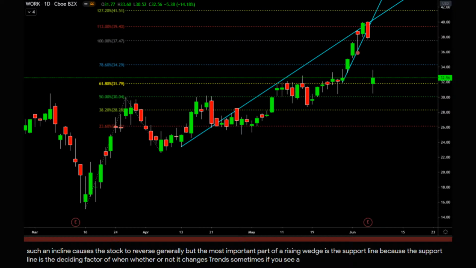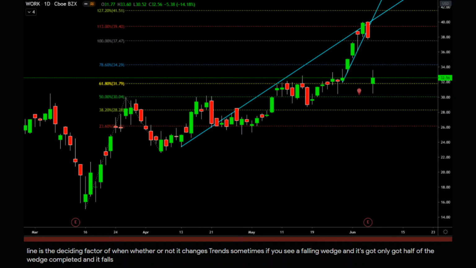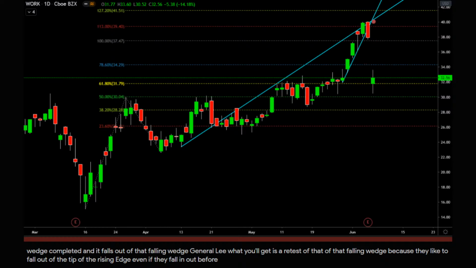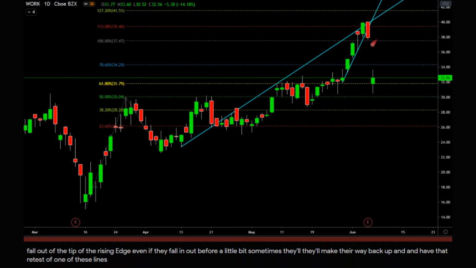Sometimes if you see a falling wedge and only half of the wedge is completed and it falls out of that falling wedge, generally what you'll get is a retest of that wedge, because they like to fall out of the tip of the wedge. Even if they've fallen out before a little bit, sometimes they'll make their way back up and have that retest of one of these lines.